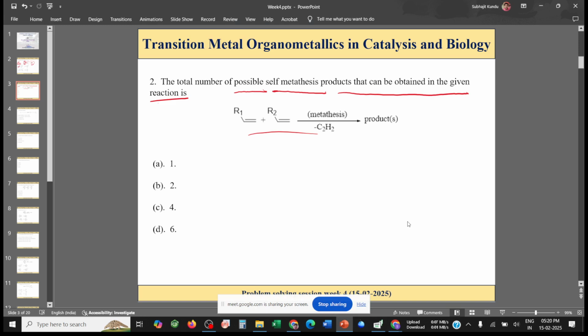In this reaction it is saying self metathesis, and the elimination is only C2H2, that is acetylene.